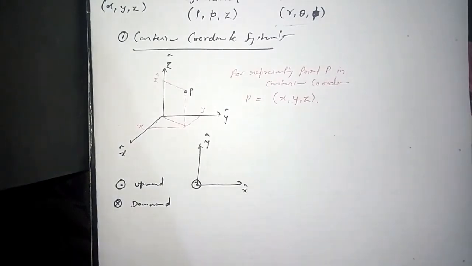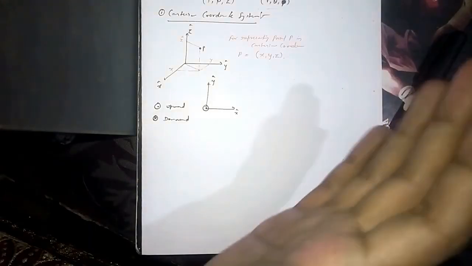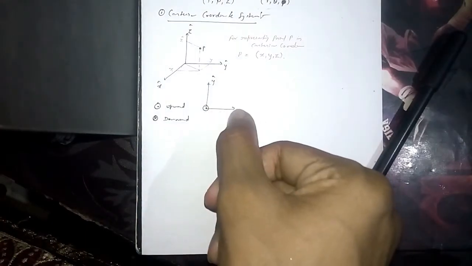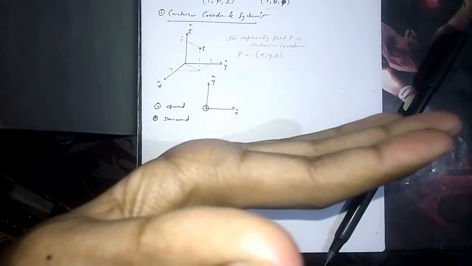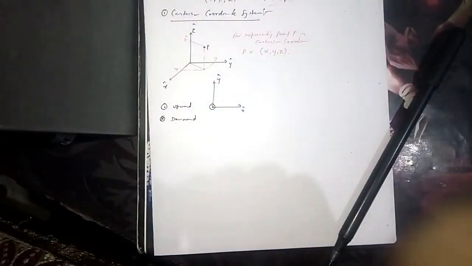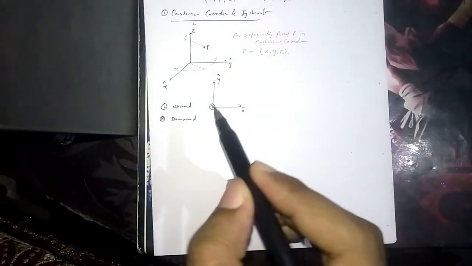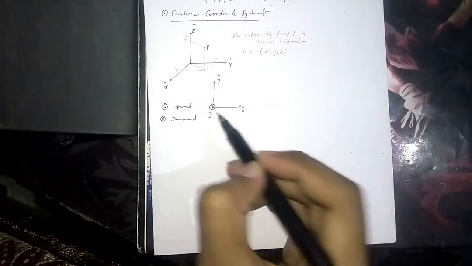Let's take the help from our hand. These fingers are representing x axis, this is y axis, then the direction of our thumb will represent the direction of the third axis, which is z cap.